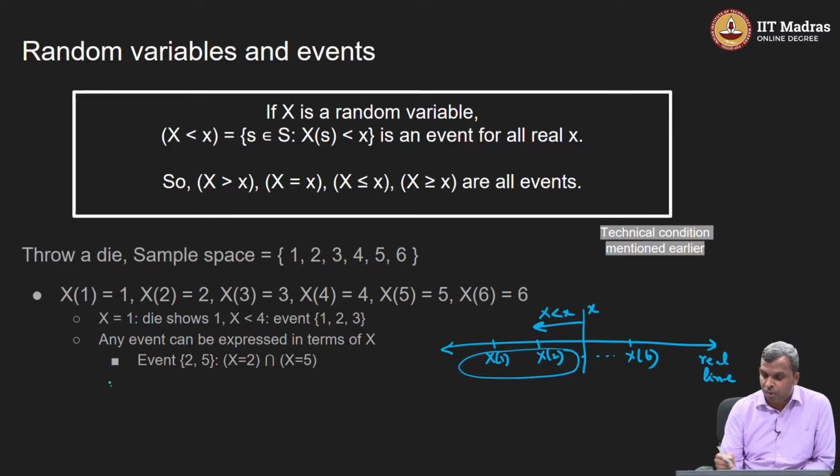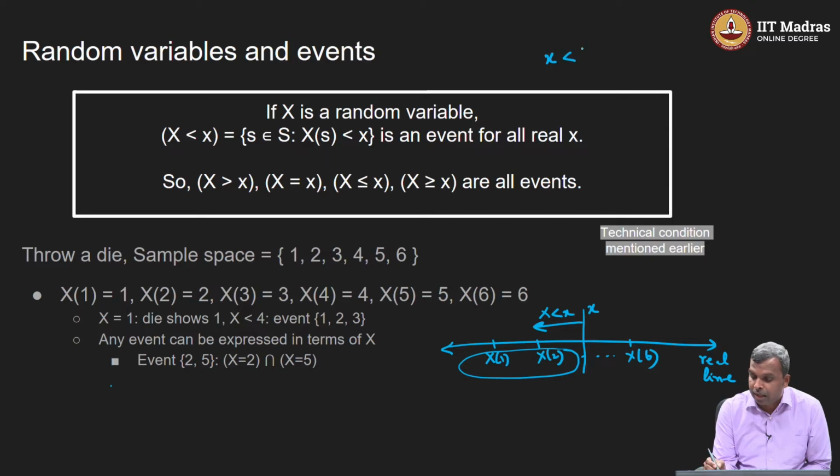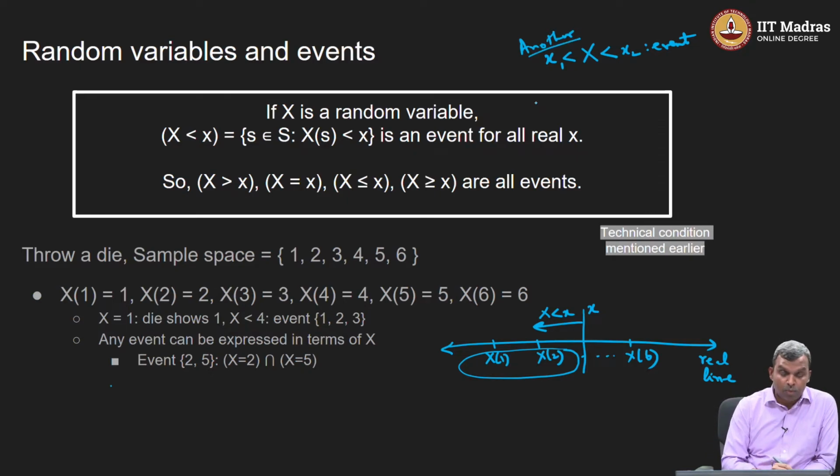So you could have things like x1 less than capital X less than x2. Okay, so this is an event. You can have so many other possibilities here for events.